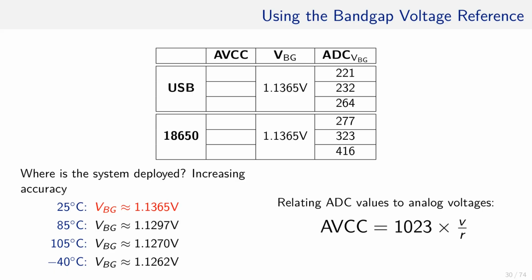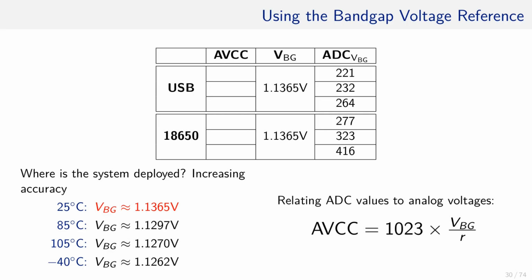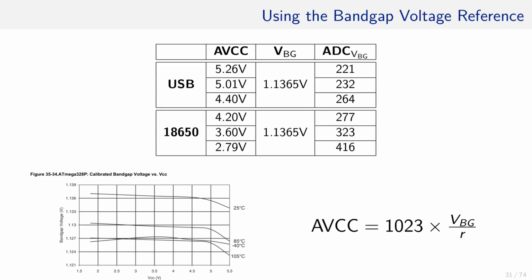The analog voltage is the bandgap voltage, so let's put it in. There we go. Now, if I take the readings from the ADC, I get these voltages. It turns out that I can compute AVCC if I use the bandgap reference.